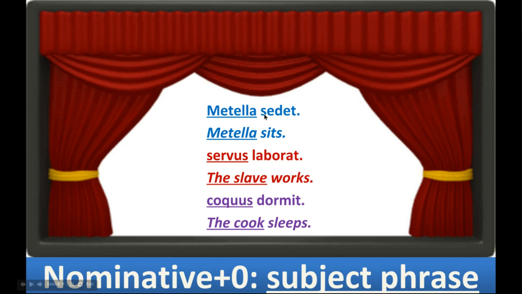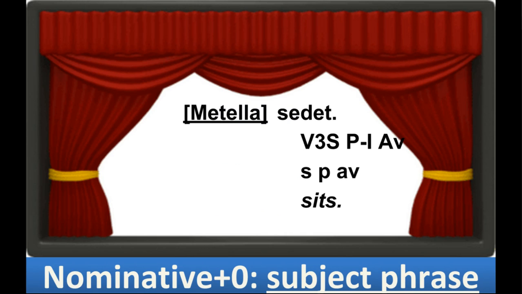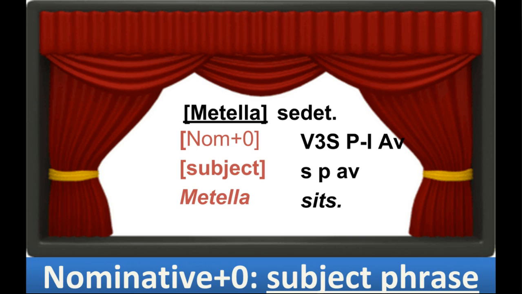All of these end in the nominative ending US. Therefore, they are the subject phrase. The subject does the action. Now, you have a verb there. That's okay. Don't worry about it right now. It just tells us that's a verb. But here we have the nominative, no other signals, subject phrase, Metella sits.